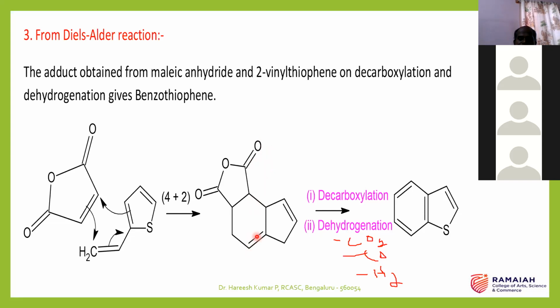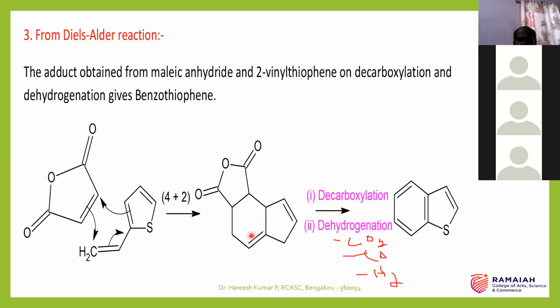That means this group should be inside, and what is outside should be H. So here H should be outside and this group should be inside. Once inside, they will have an interaction with the bonded pair as well as the lone pair. Such interactions give a lower energy compound, thereby the endo product is more stable.